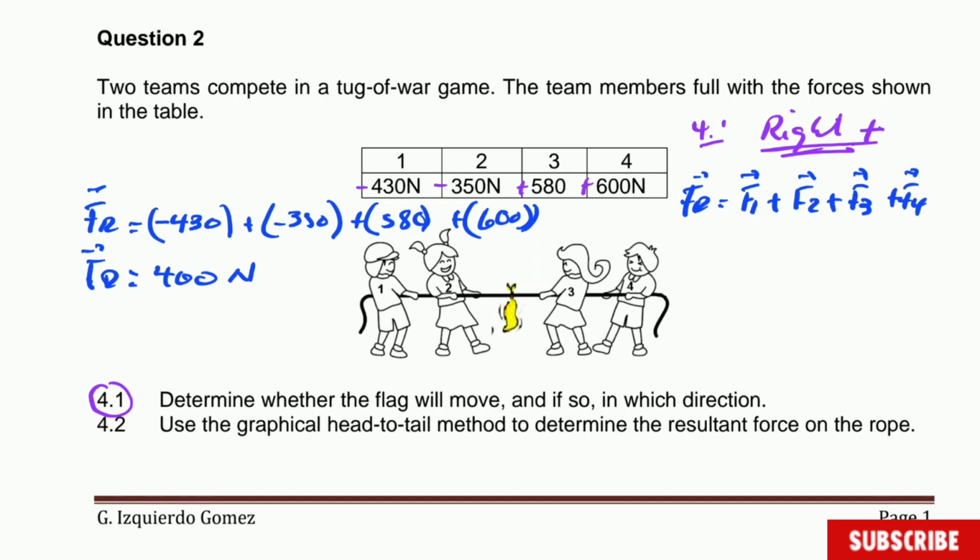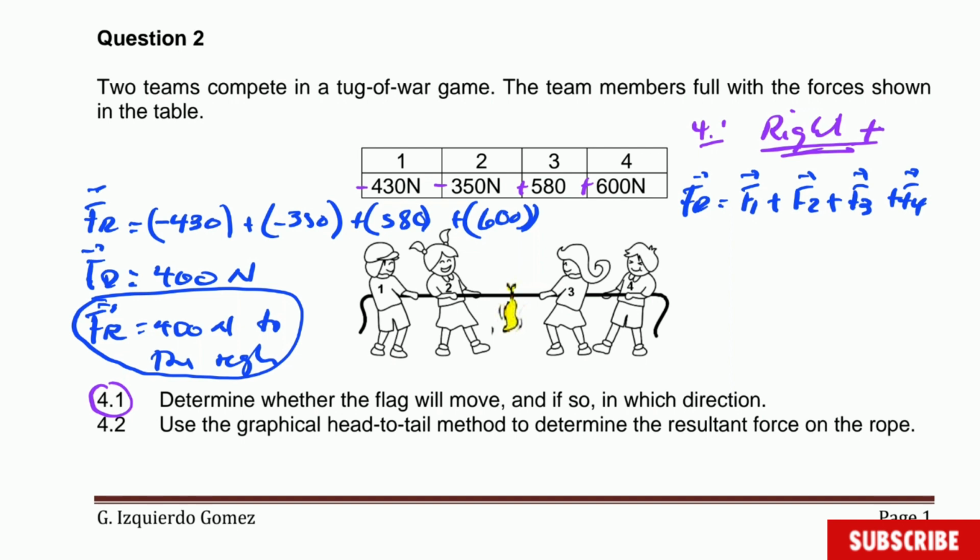It is a positive answer, therefore the resultant force is equal to 400 Newton to the right, because we say right is positive. Guys, this is the answer for that question. Question 4.2, we'll solve it next time. I'll give you a chance to solve the question head to tail, and we'll mark it in the next video.